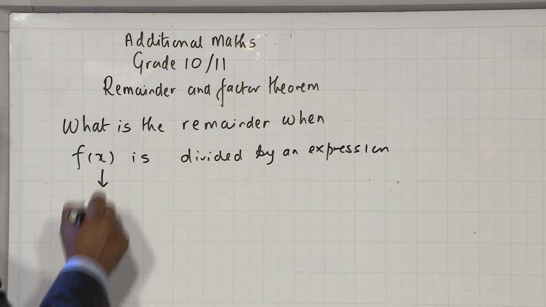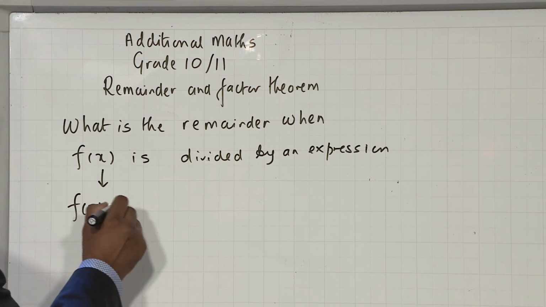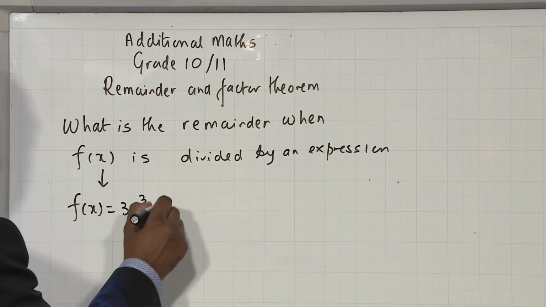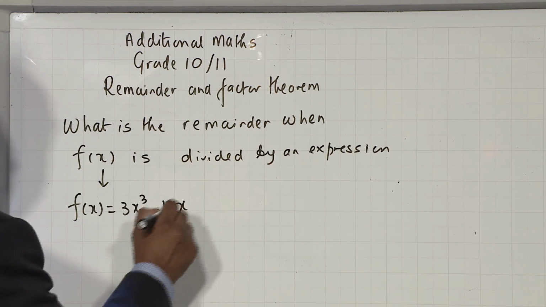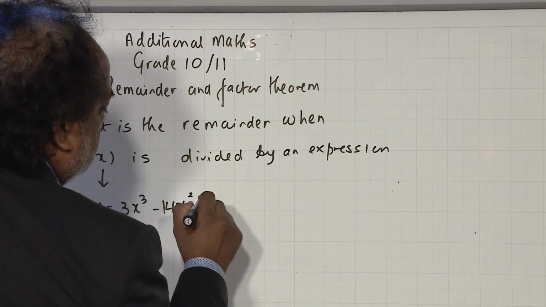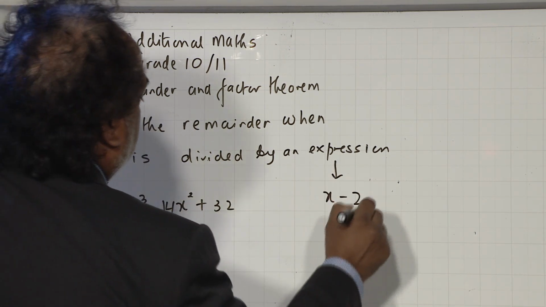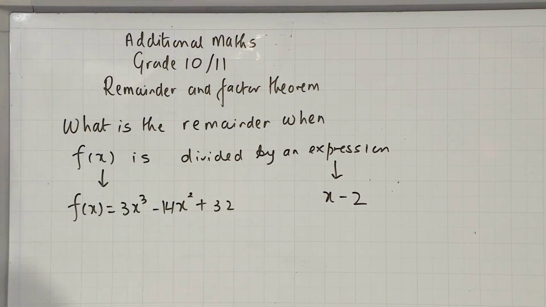For example, I'm going to take f(x) to be 3x cubed minus 14x squared plus 32, and the expression to be x minus 2. Let's understand what the remainder theorem is.